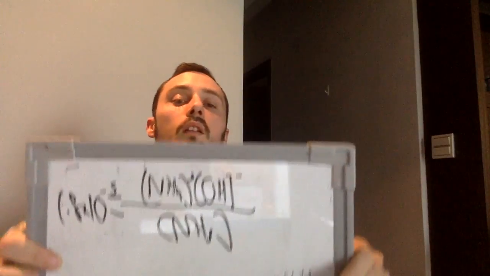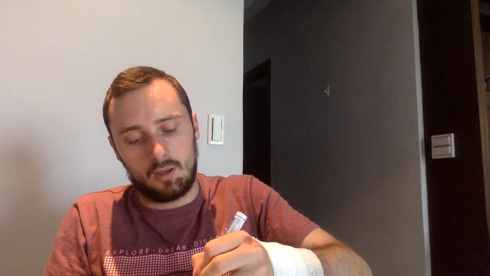So NH4 plus, OH minus at the top, NH3 at the bottom, and you're given a Kb, which is 1.8 times 10 to the minus 5. Now, this is going to simplify down to x squared at the top, so x for NH4 plus, x for OH minus, because the molar ratio is 1 to 1, over 0.833 mole, which is what you worked out in the question before.